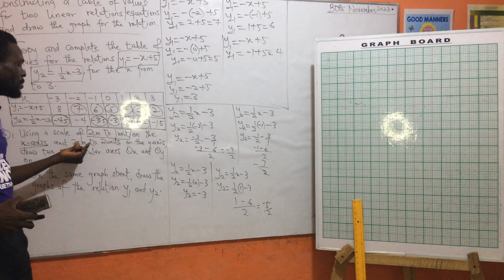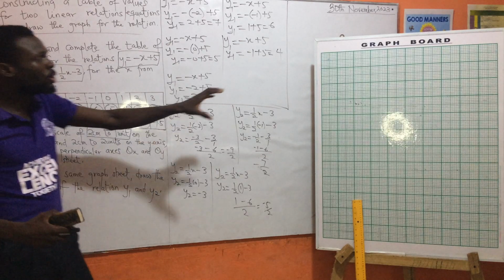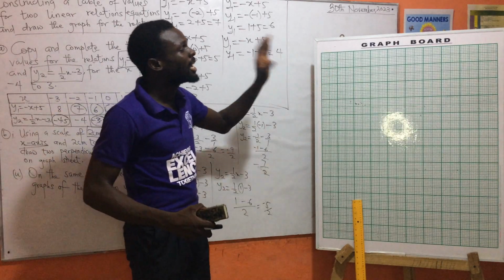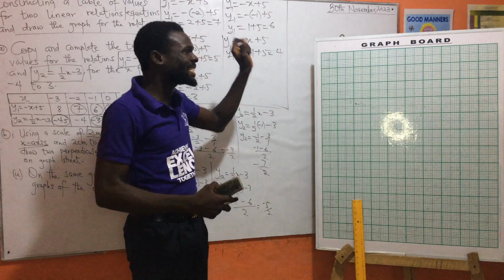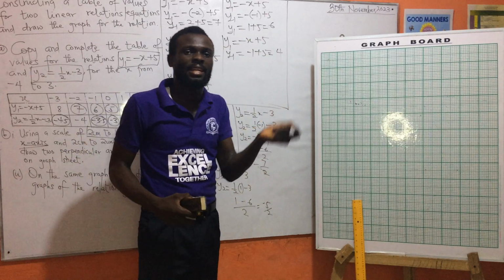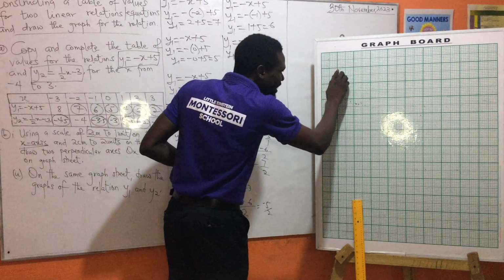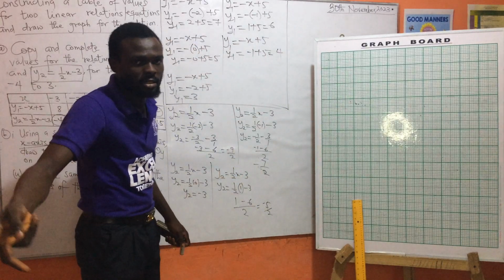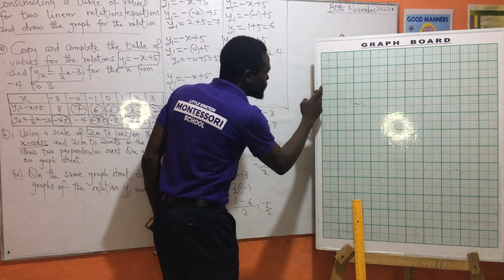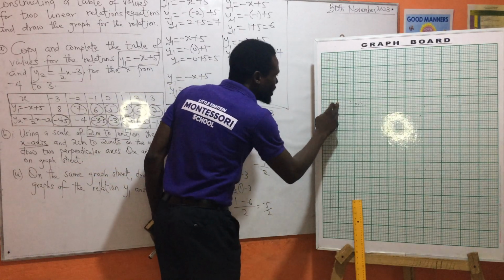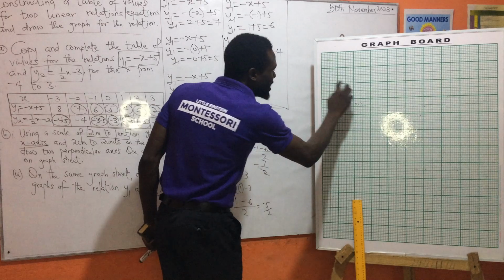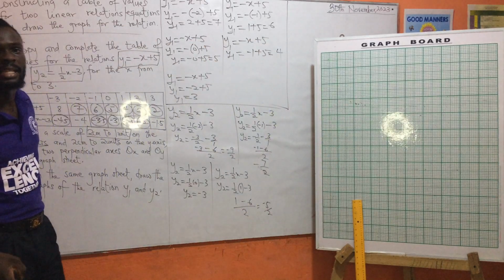Now the 2 centimeters that you have been given, when you look on the graph book, you see a thick line, thin line, thick line. So from one thick line to the other thick line is 2 centimeters. So this is a thick line. The next thick line, there is a distance of what? 2 centimeters.